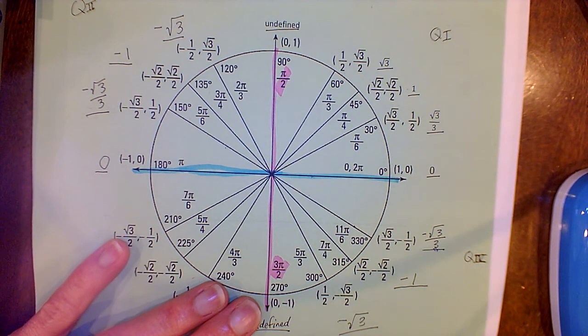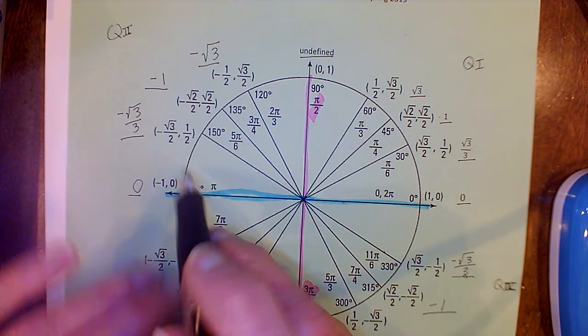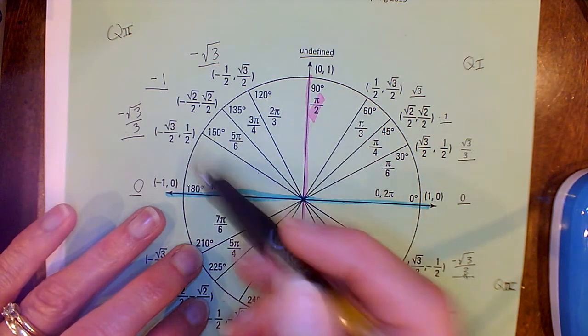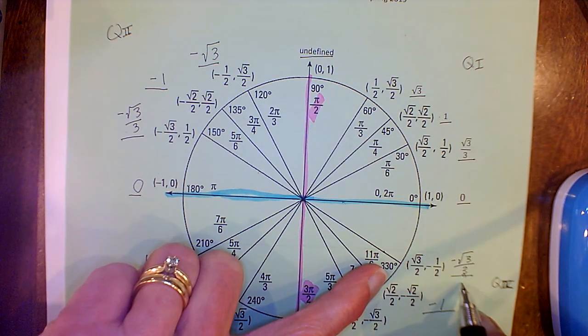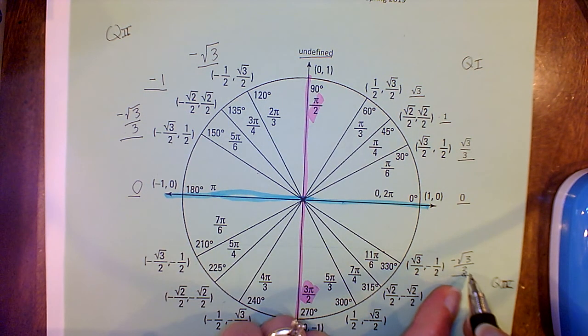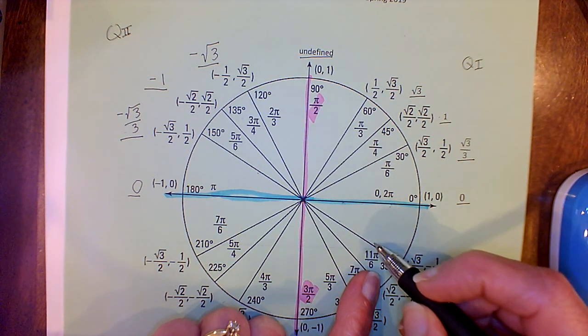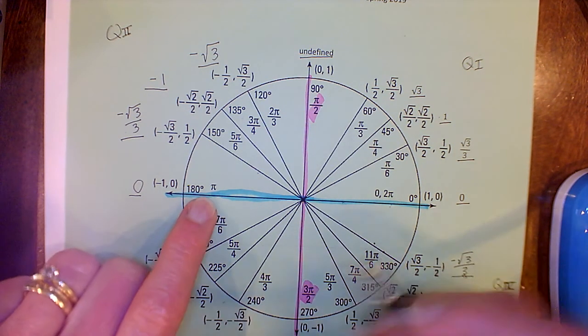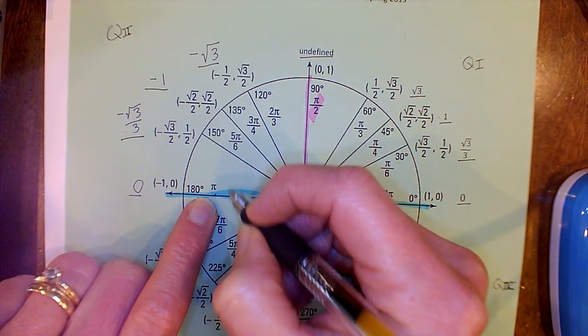When I have a negative value for my inverse cotangent, I'm going to be up here in quadrant 2. Notice the reference angle that goes along with it. Here I have negative square root of 3 over 3. My reference angle to get me to 330 would have been a negative 30 if I was in the world of degrees. And over here, I still have that same reference angle of 30 degrees.